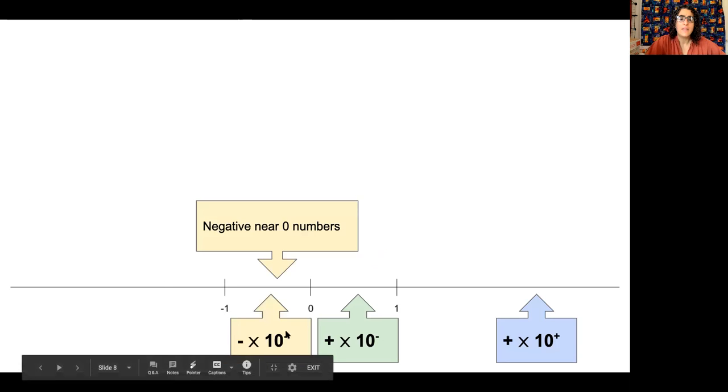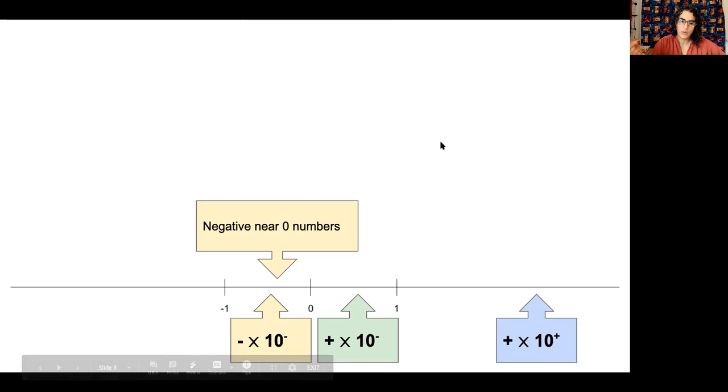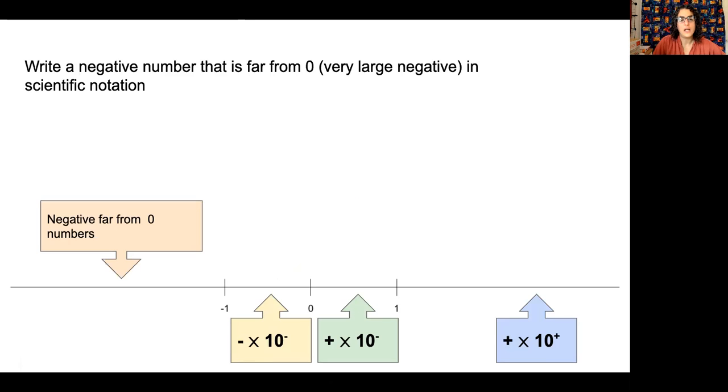Again, the power of 10 is still going to be negative. That's how we know a number is close to 0, but now they're negative numbers times 10 to a negative power.